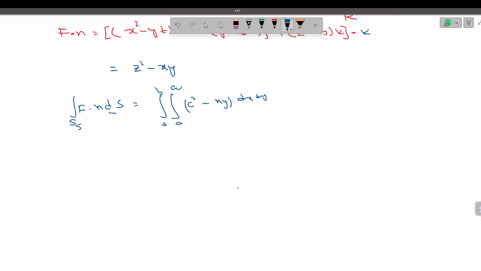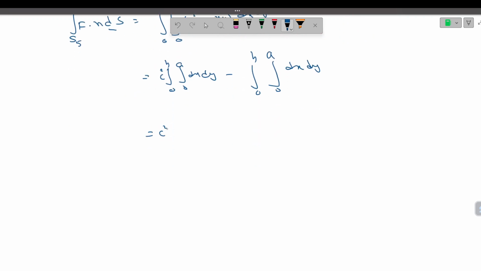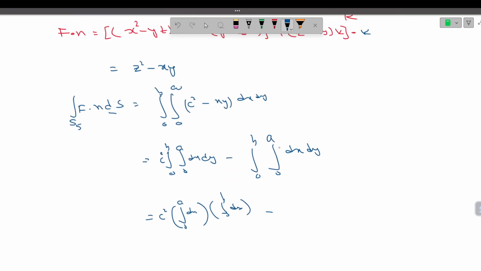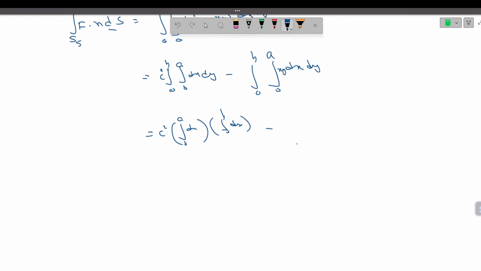What we are doing here is c square outside, integral 0 to a dx, integral 0 to b dy, minus xy: integral 0 to a x dx, integral 0 to b y dy.